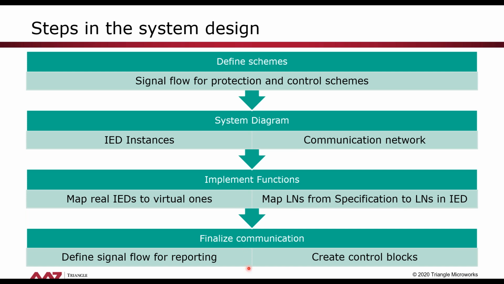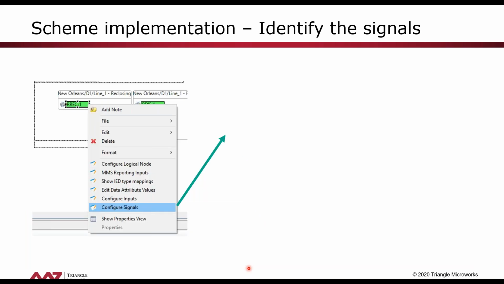And then at the end, we have to finalize the communication, which means we have to design the signal flow for reporting, and we also have to create control blocks. So the first step, define schemes, and we are still using the Helix STS tool for that. Before we can start drawing a protection or control scheme, we need to configure signals.